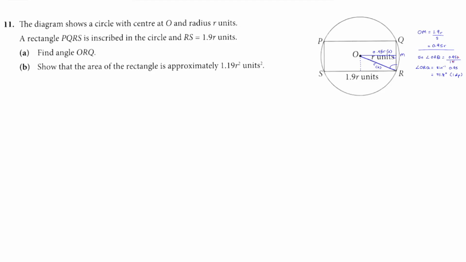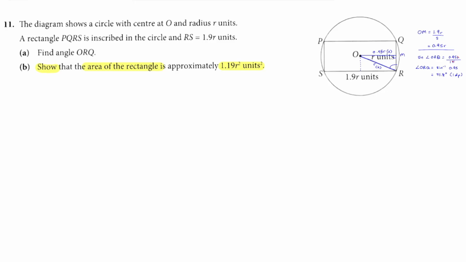Next, let's look at part B. For part B, we're supposed to show that the area of the rectangle is about 1.19r square units.